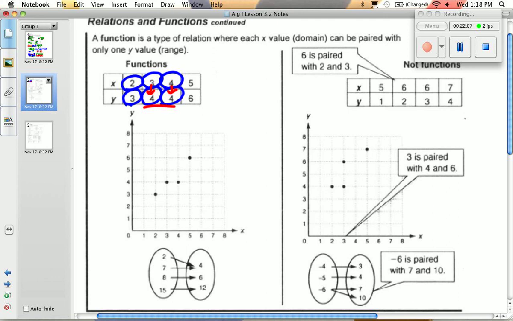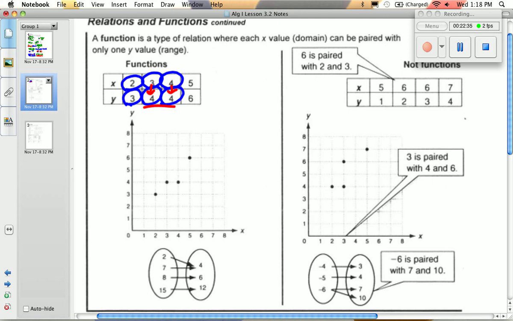Does x equal 3 only have one y? 4. Yeah. When x is 4, does it only have one y? Yeah, it's 4. I don't care if it's the same as the last y, because it's a different x. It's the x's that have to be different, and they can have different y's.